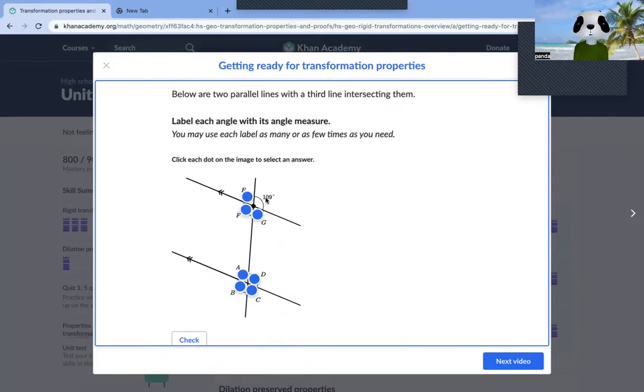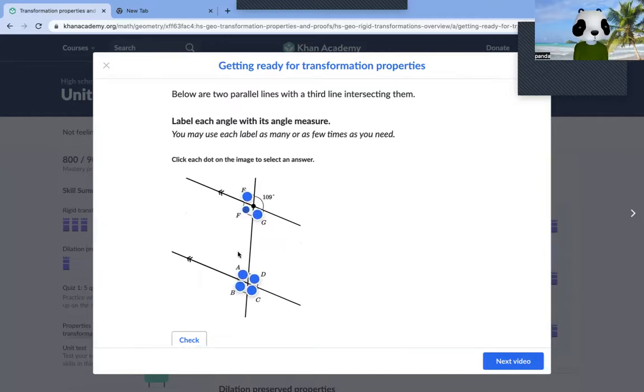So we already know that this is 109 and so this is 109, and since we have two 109s, it's 71 and 71. And then we know they're perpendicular, so we'll add in 109, 109. That leaves room for the 71 and another 71 to the right. And we got it right.